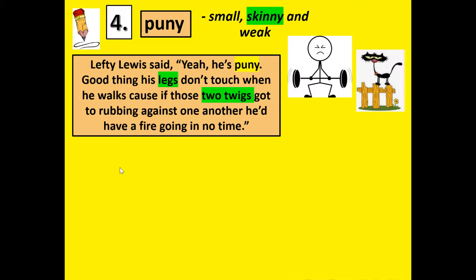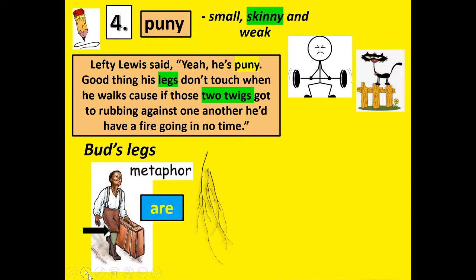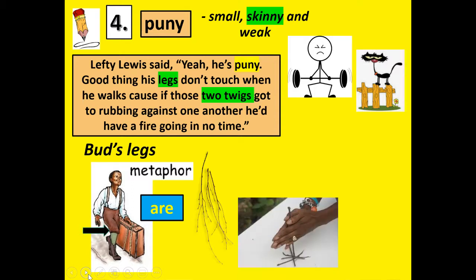So you could write Bud next to puny. A synonym could be skinny. Bud's legs are like two twigs, or are two twigs. So that's a metaphor.